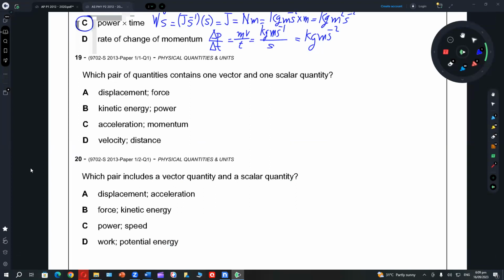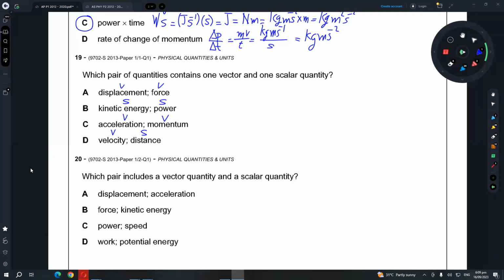Which pair of quantities contains one vector and one scalar? Displacement is a vector, force is a vector, energy is a scalar, power is a scalar. Acceleration is a vector, momentum is a vector, velocity is a vector, and distance is a scalar. Question number 19.